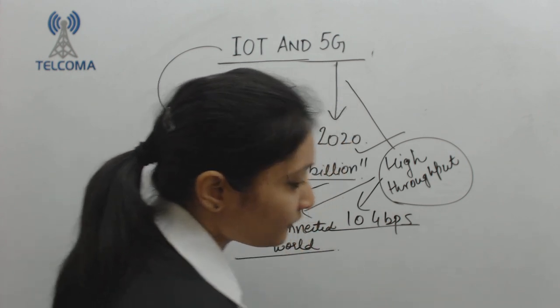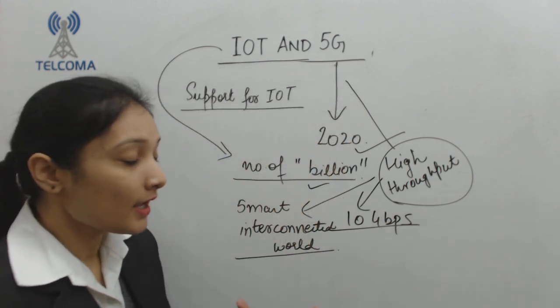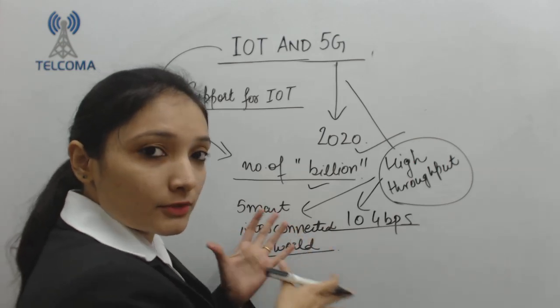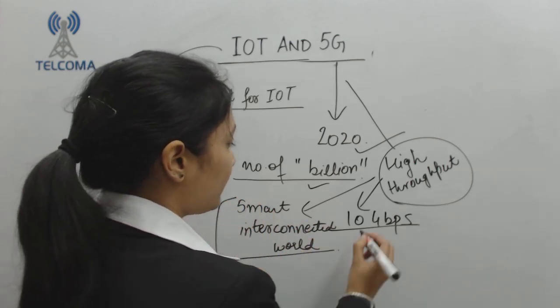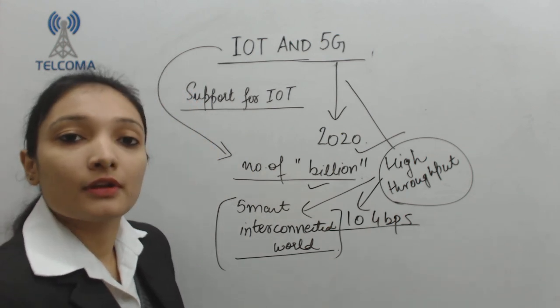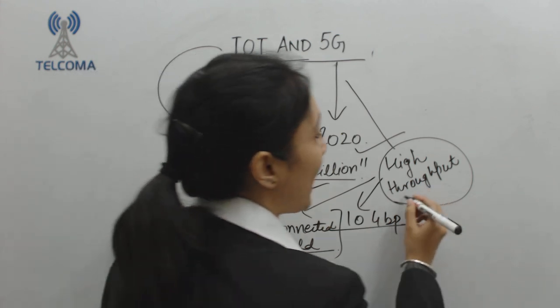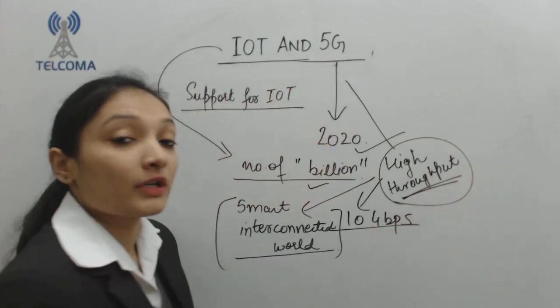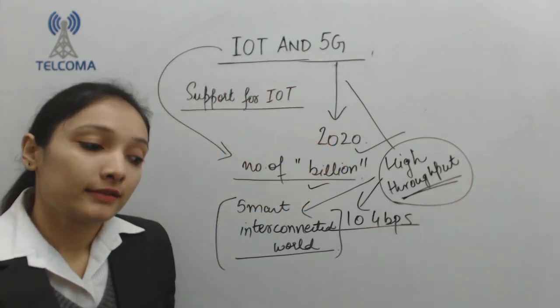So we can say that the fifth generation of wireless communication is a new roadmap of an interconnected world where billions of devices are exchanging their information. That's why it's acting as a backbone, a key driver for your Internet of Things.